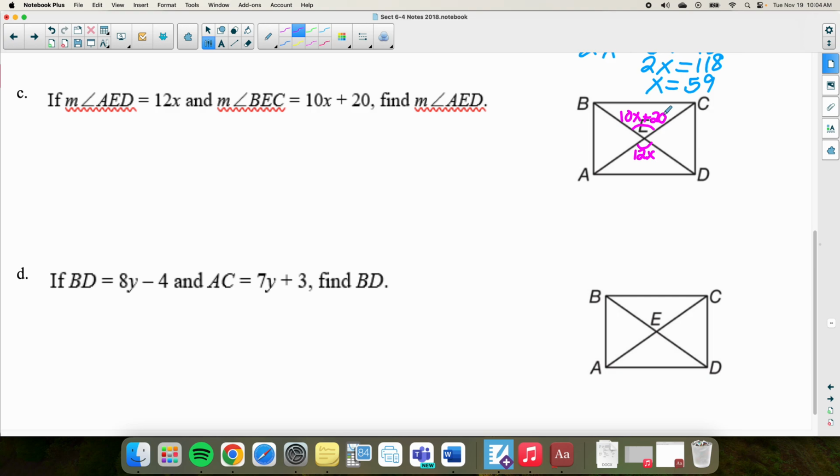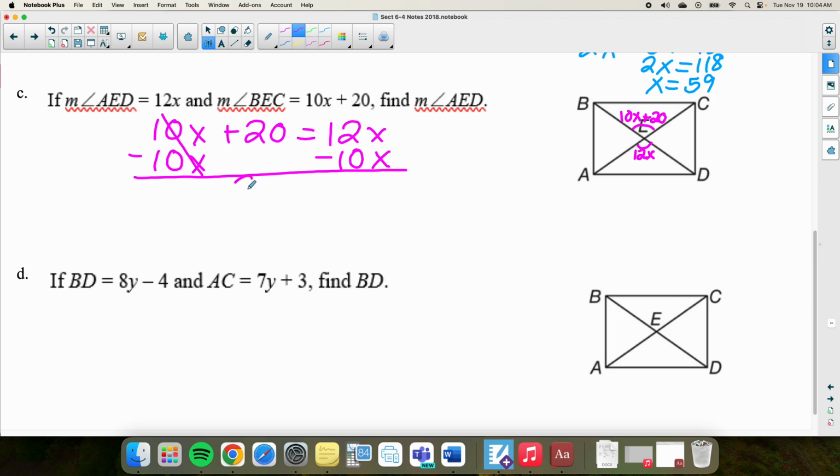They're congruent because they are vertical, right? So I can say 10x plus 20 equals 12x. Then I'm going to subtract 10x. And I get that 20 is 2x. Divide by 2. And x is 10.